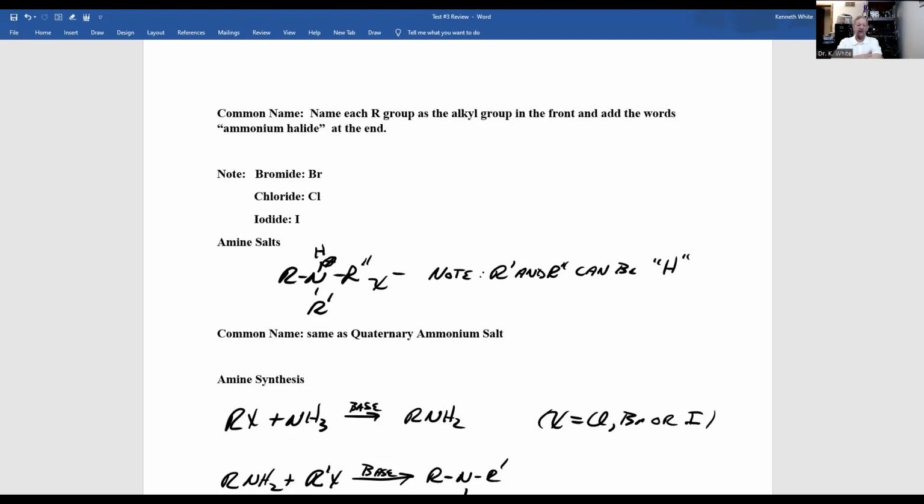These are amine salts, and you name them the same way as quaternary ammonium salts. You name each R group in the front, but you'll never have four, because if you have four R groups on that nitrogen, it's a quaternary ammonium salt, not an amine salt. And then you name the halide just like I have up here.